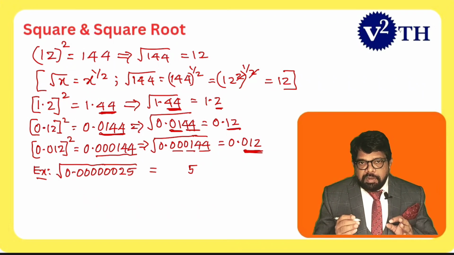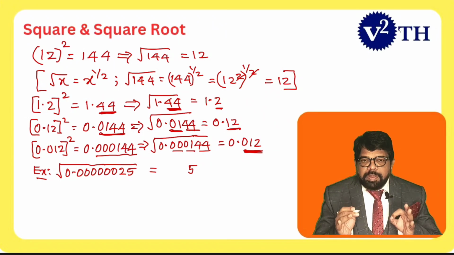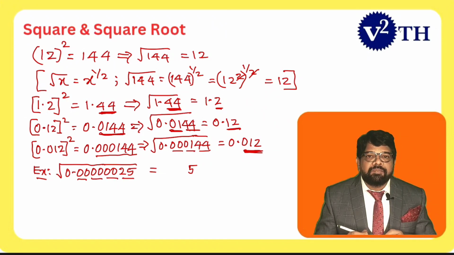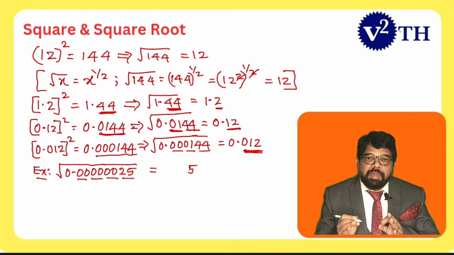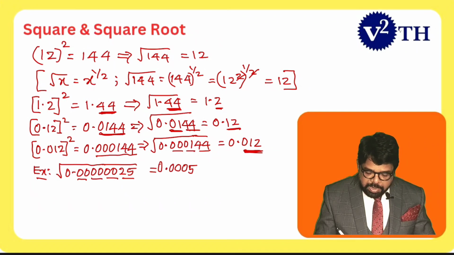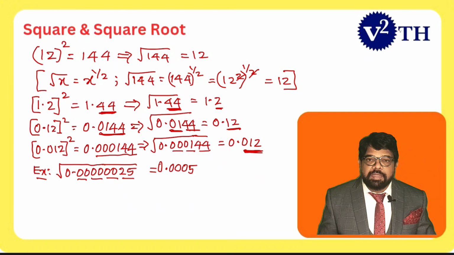After decimal, 2 digits make it as one group. Now here how many groups are there? 1, 2, 3, 4 groups are there. 4 groups means after decimal, 4 digits. So you write 0.0005. After decimal, 4 digits are there.